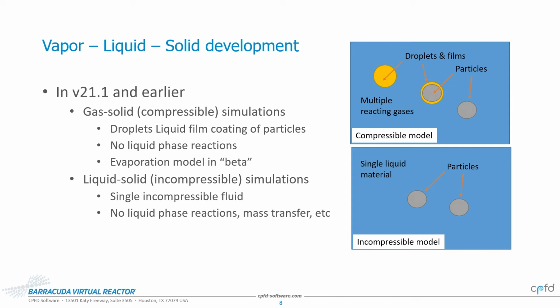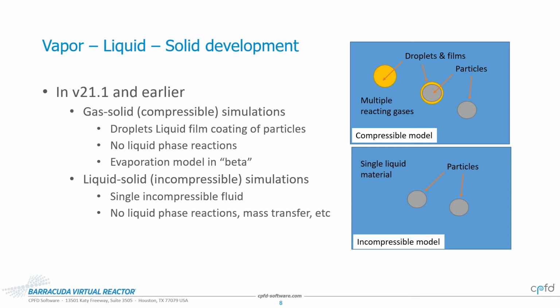In version 21.1, to get a sense of what our starting point is here: for gas solid systems, referred to in the GUI as compressible models, we do have liquid droplets. These droplets could coat, and Frederick's presentation today mentioned using some of that feature.